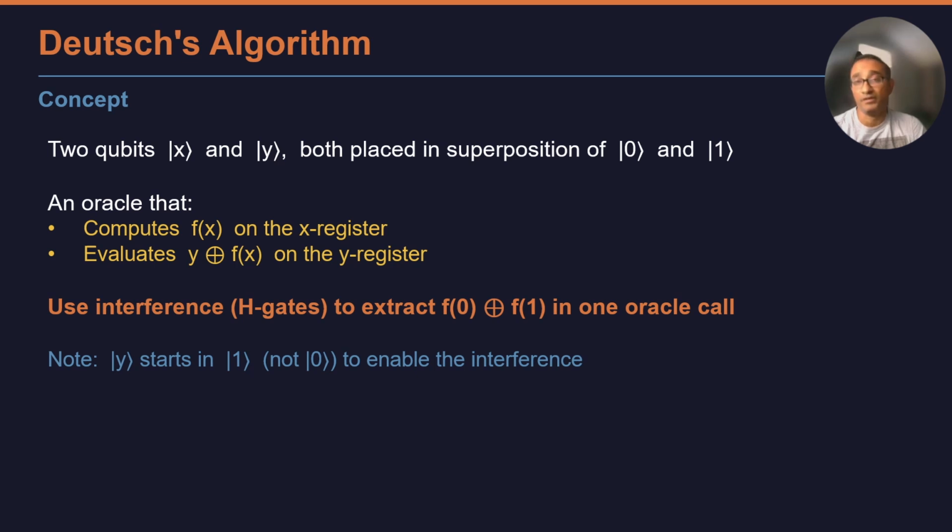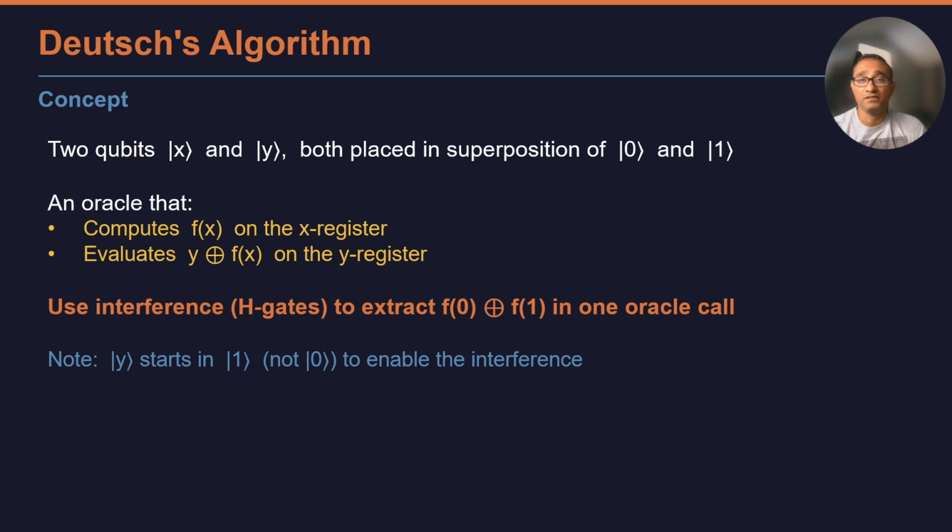Then we apply an oracle, the concept of which, as you already know, is that we compute f of x, the function that determines whether the function is constant or balanced, on the x register. And then we evaluate the y register, which is an XOR of the register value and f(x), the function value that we are trying to determine.